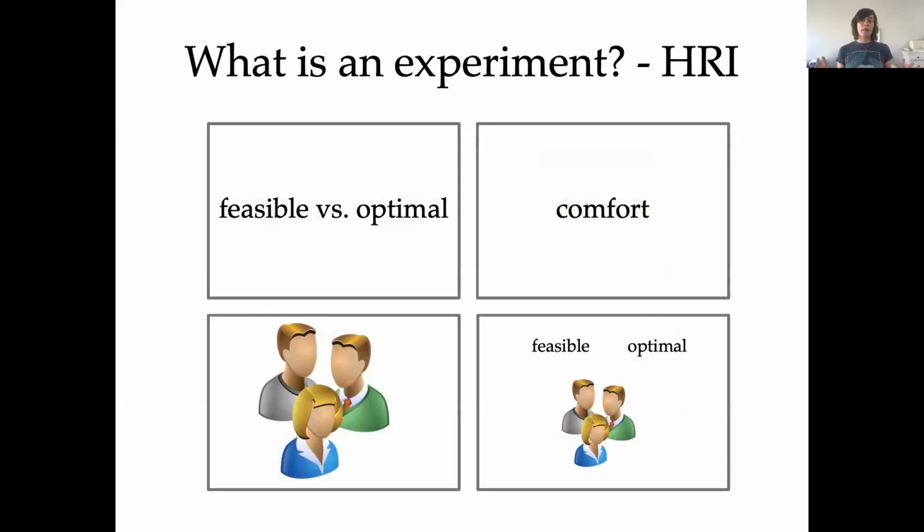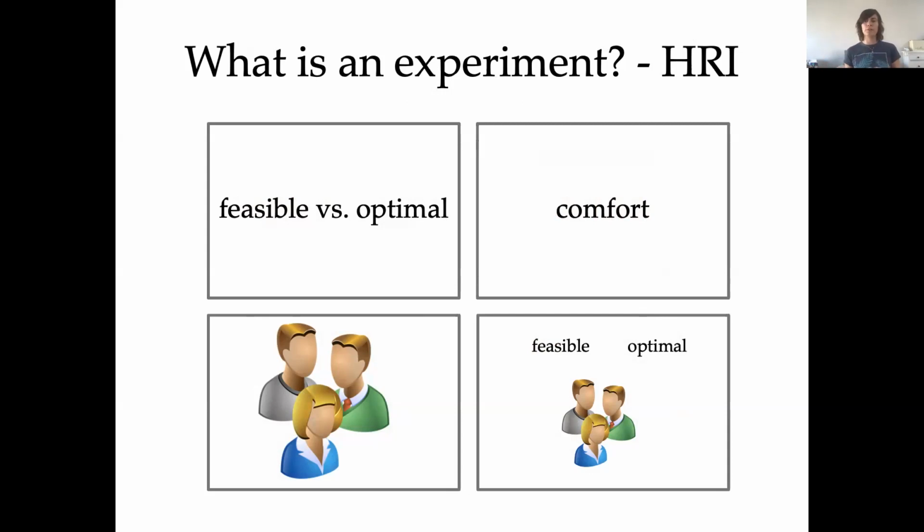Now, in a human-robot interaction setting, an example might be, we can generate the robot's motion to be feasible only, do its thing, avoid bumping into things, etc. Or we can use an optimizer and optimize cost, optimize reward, something like that. And what we might be interested in here as a question is, how does that affect how comfortable people are when they're working side by side with the robot?